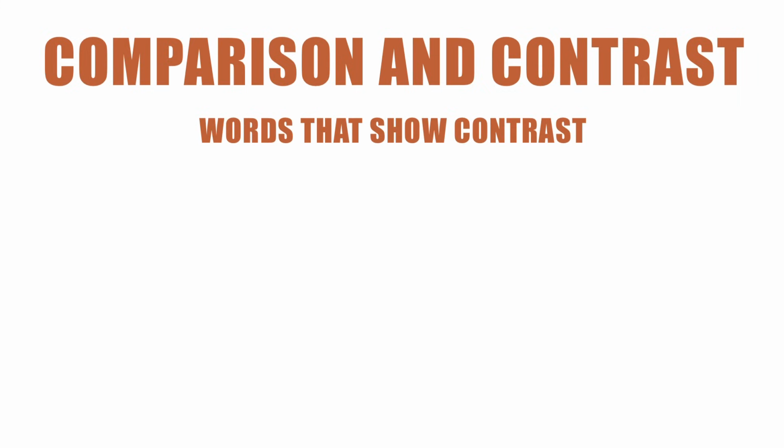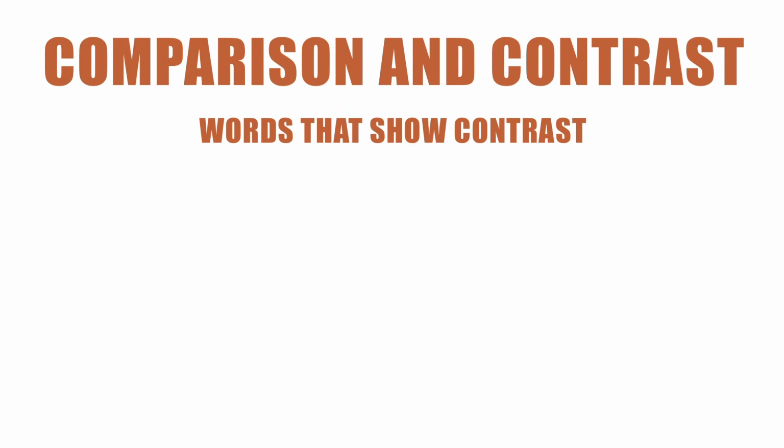Contrast words signal that an author is pointing out differences between subjects. A contrast word shows that 2 things differ in one or more ways. Contrast words also inform us that something is going to differ from what we might expect.